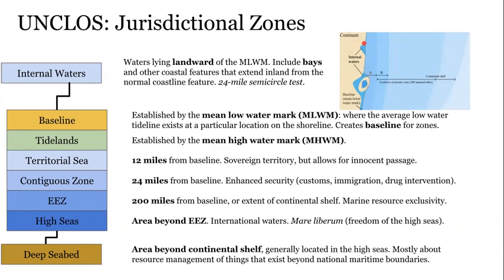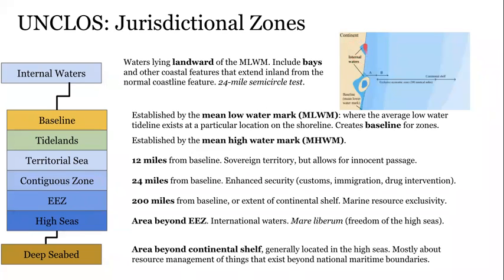And then there are these features, and these features are defined. They can't be any larger than 24 miles, and if they're bigger than 24 miles in a semicircle test in terms of the 24-mile mouth, then they're not considered a bay or an inner portion for this purpose. But if they're smaller than that, there's a calculus to be done in terms of the size relative to the mouth.